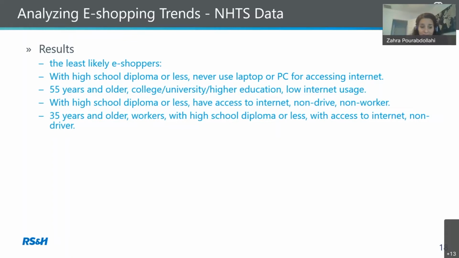Also among the least online shoppers are individuals with high school diploma or lower education level that have access to a laptop or PC and use the internet, but they do not work and they do not drive. This sounds like very young respondents in the survey to me, like teenagers probably.